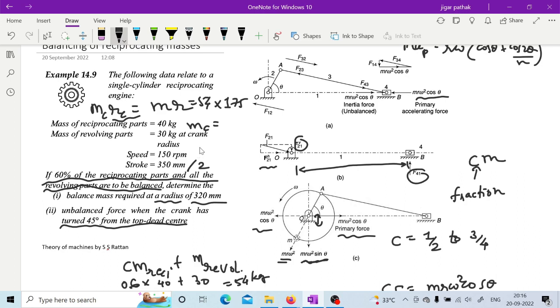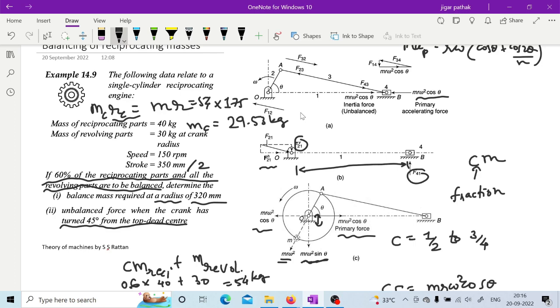So what is m c in that case? m c into 320 is equal to 54 into 175. That is 29.53 kg, right? Everyone is getting the same?